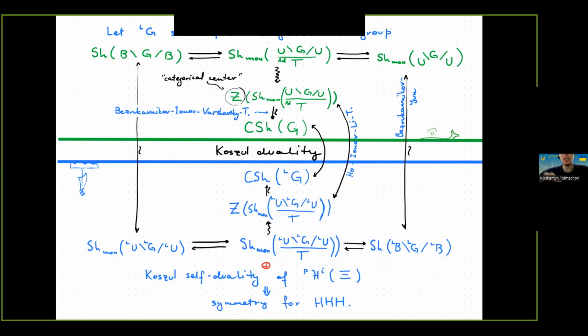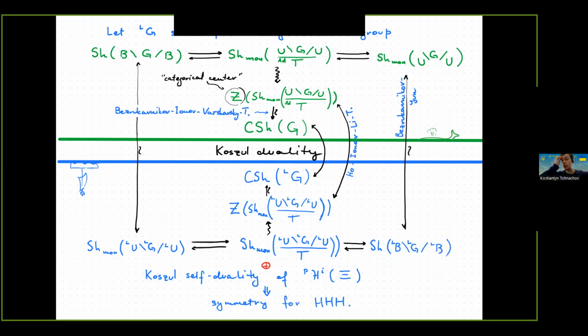And then this can be used, using the result of the previous slide, to construct a Koszul duality between the category of unipotent character sheaves on a group and the category of unipotent character sheaves on the Langlands dual group.